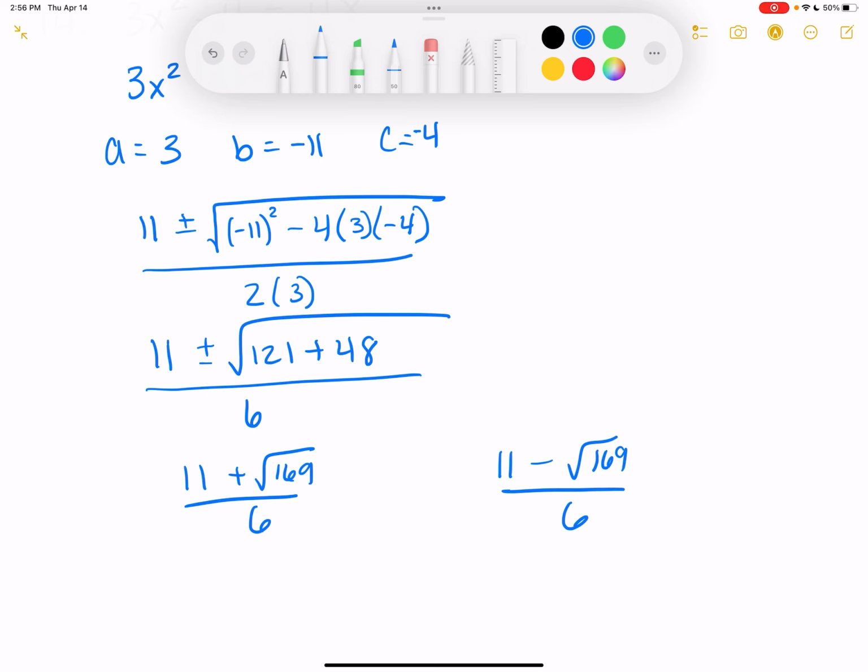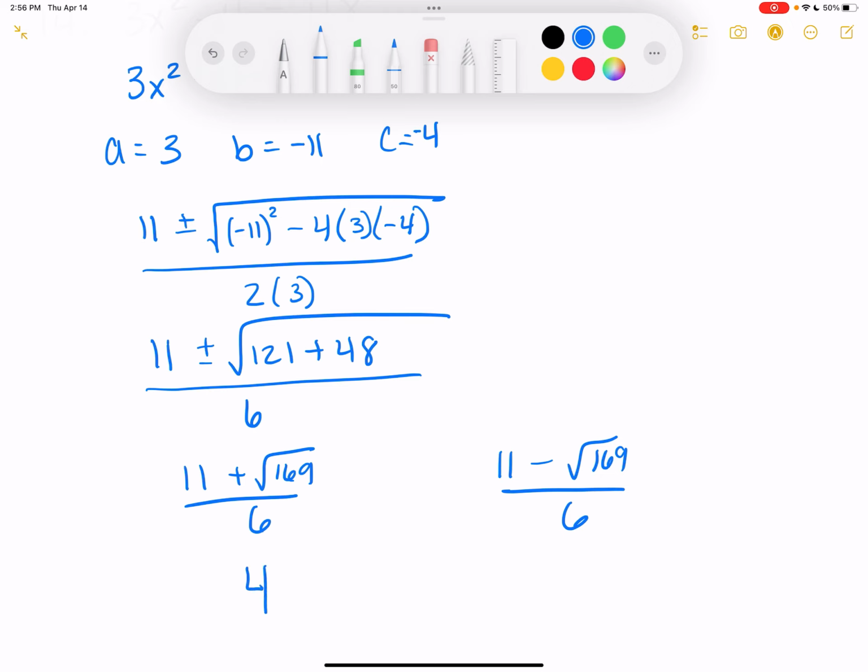All right, so it's going to be 4, 0.34. My calculator says 4. I got 3.22.